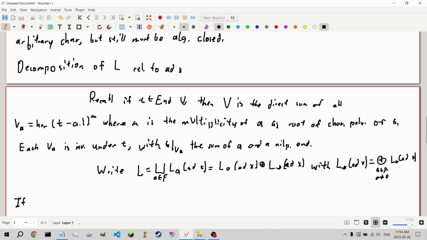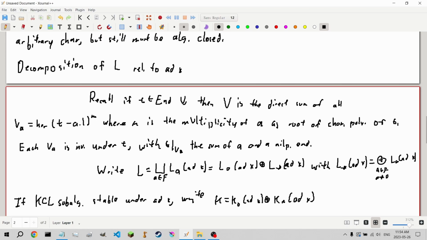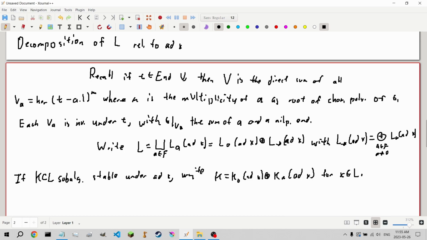Fortunately, if K is a subalgebra stable under the adjoint of x, we can write K as K_0 of the adjoint of x plus K star of the adjoint of x, for K anywhere in L, not even just in L. This leads us to a lemma.